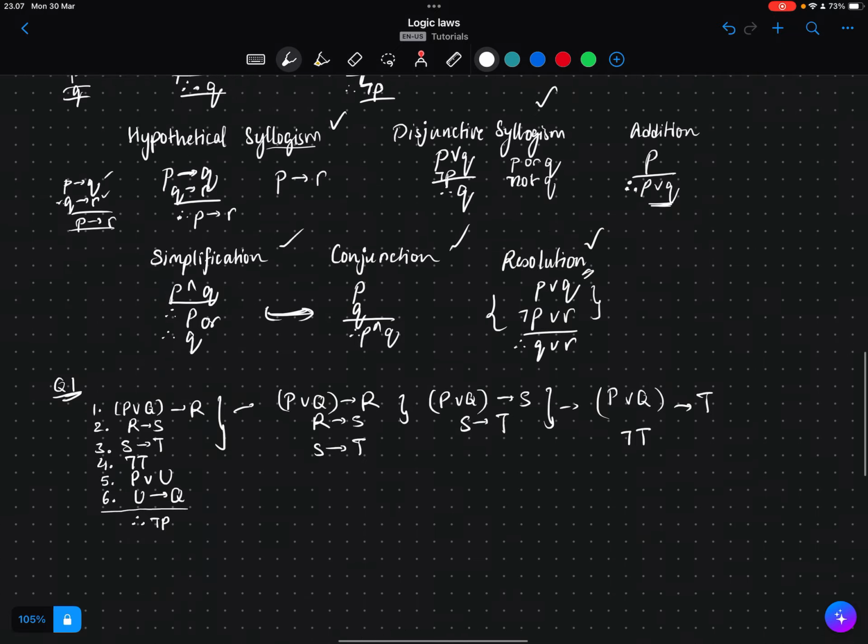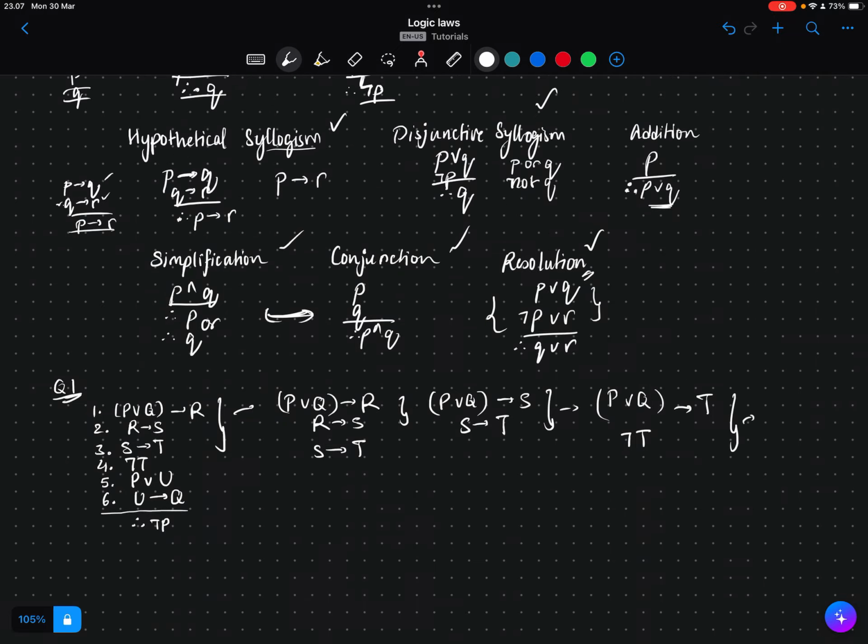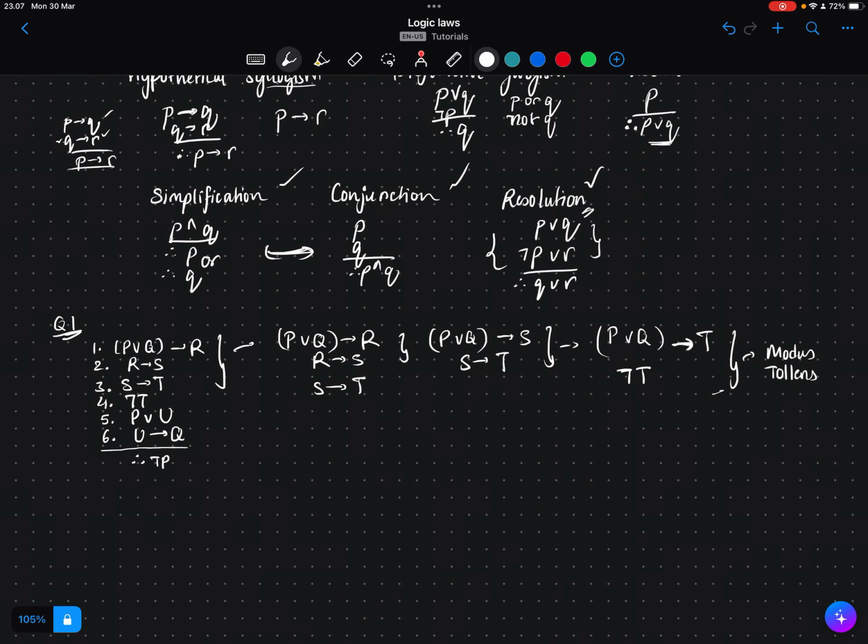Now what was it? Modus tollens, I'll just tell you that. When you see a direction, like if P then Q, and then you see a not happening to the right hand side, immediately modus tollens, because you have to think contrapositive, right? So you come down here, then you say if not T, then not (P or Q).